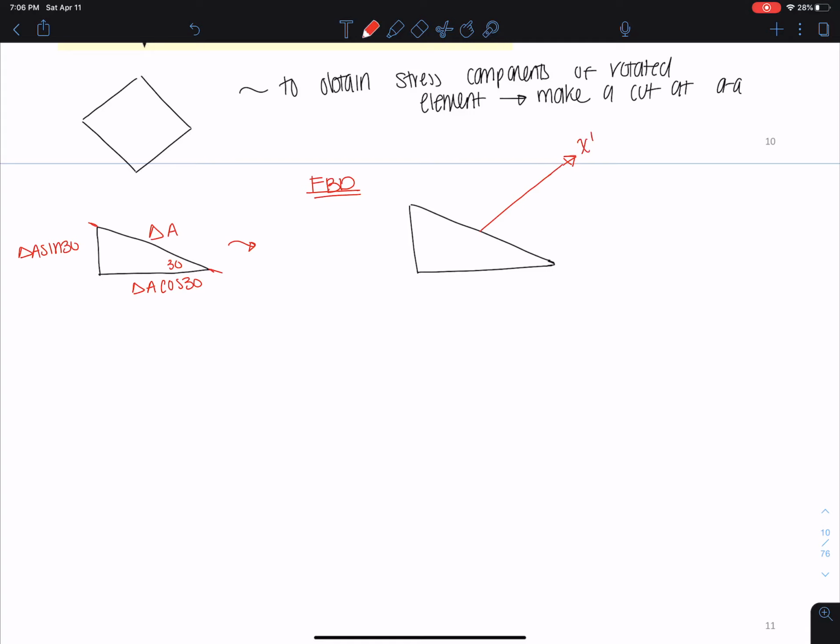Okay, and we're going to define our y prime perpendicular to that through here. And just to be clear what's happening, this is our x prime. These should look perpendicular, they kind of don't. And what we did was we rotated this 30 degrees.